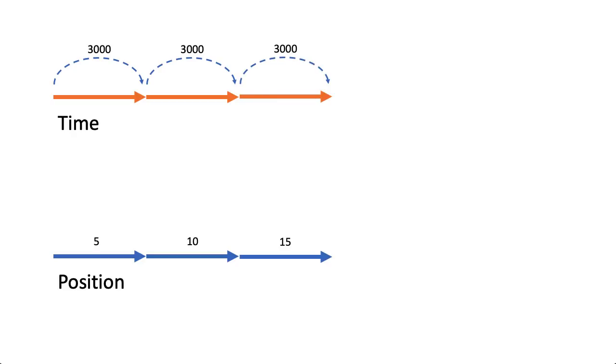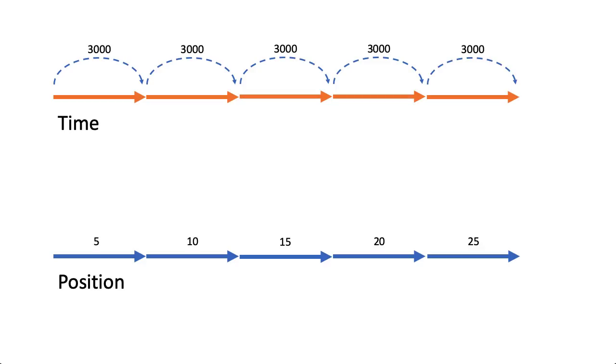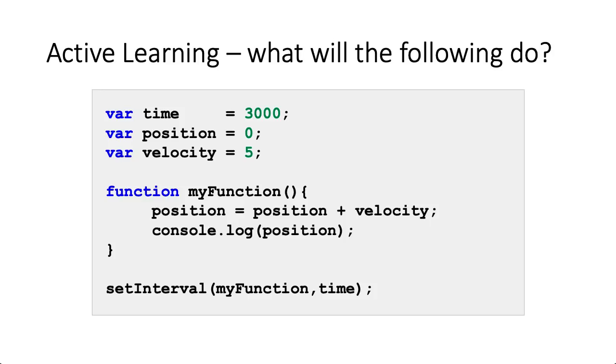Once again, the next time those 3000 milliseconds elapse, we fire and we move, and we move, and we move. And so you can see there where we can go from position 0 all the way to 25, and we're also making those time jumps along the way.